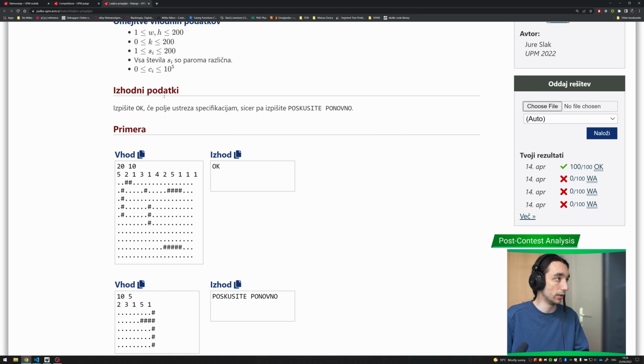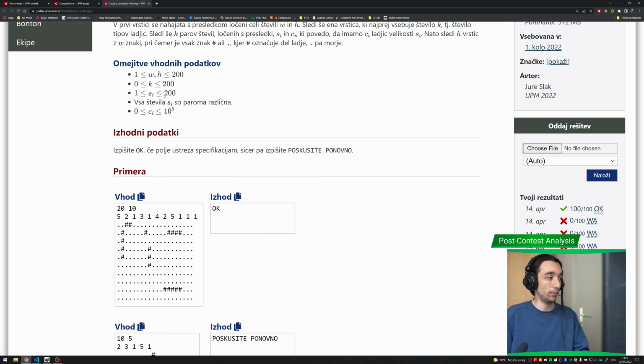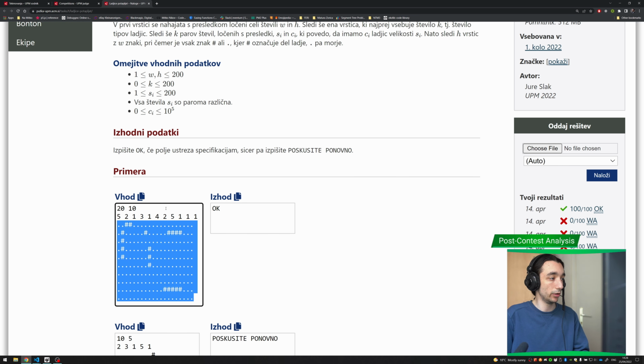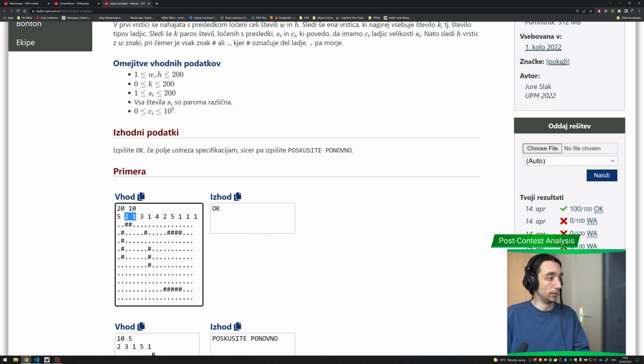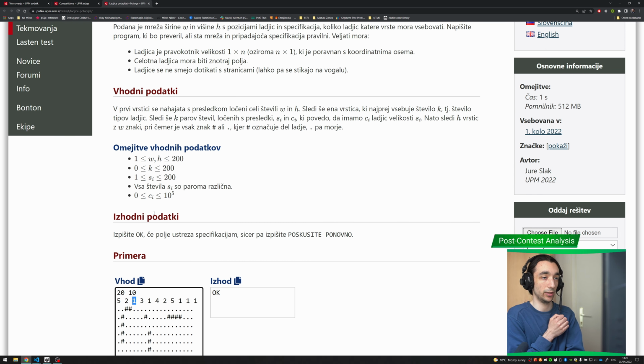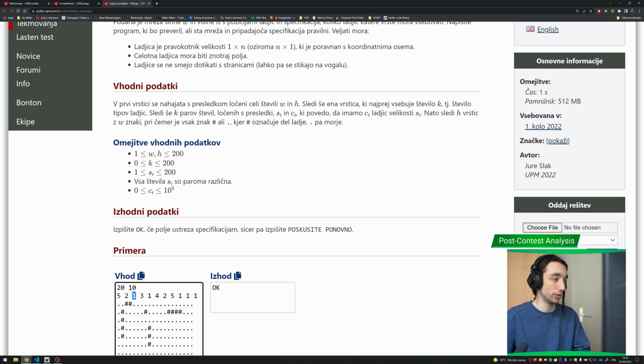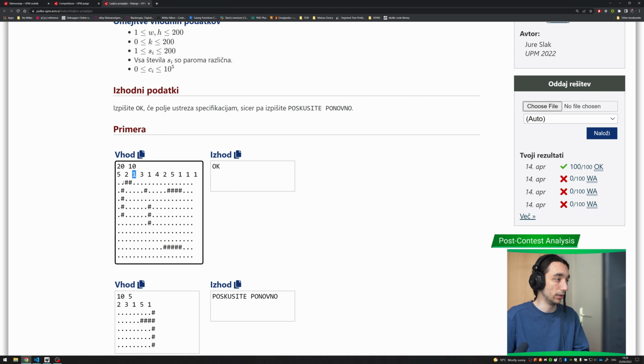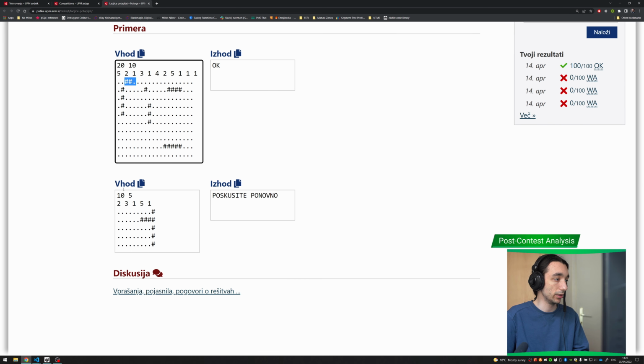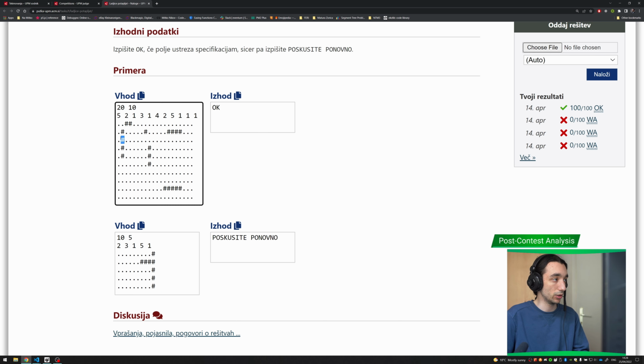So in this problem, you're given a matrix, and you're given the size of the ship and how many of them there are of this size. You need to notice that the sizes can repeat, that doesn't actually matter, and the ships cannot touch like this, but the ships can touch like this.